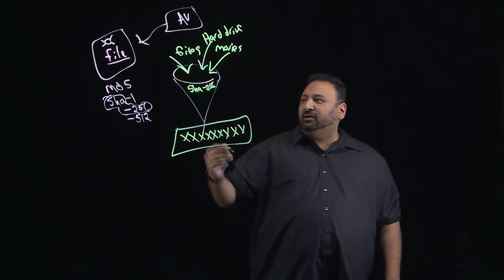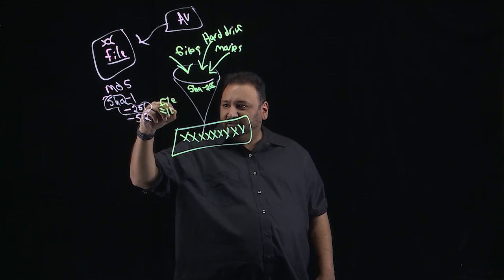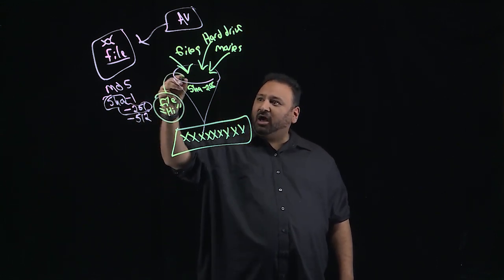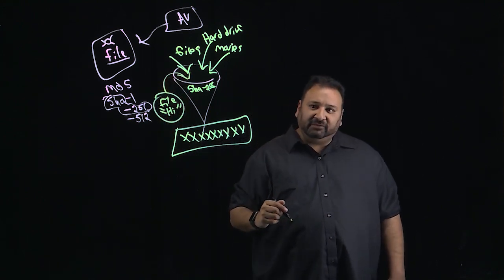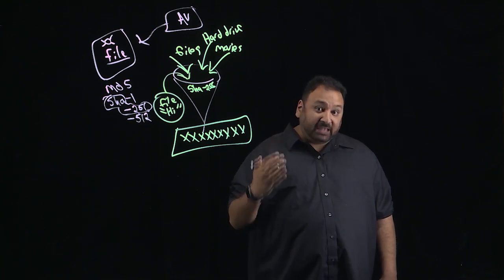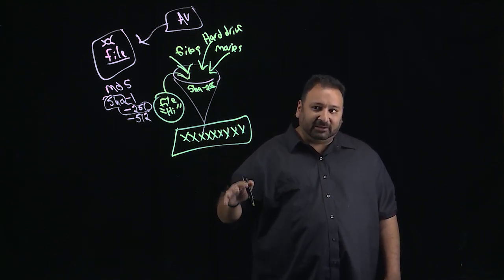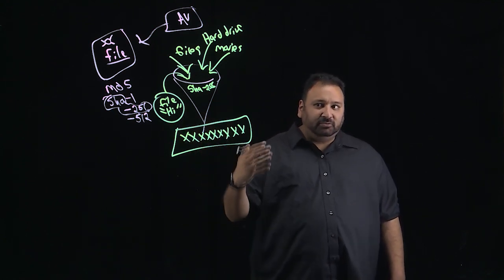So let's say I take a file and in the file I have the word hi, and that's all I have, and I put it through the SHA algorithm and I get a fingerprint back. If you take that same file with the word hi in it and put it through the SHA algorithm, you're going to get the exact same fingerprint back. It doesn't matter who makes that file.